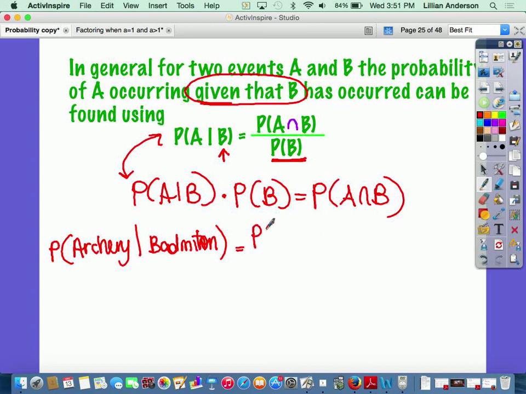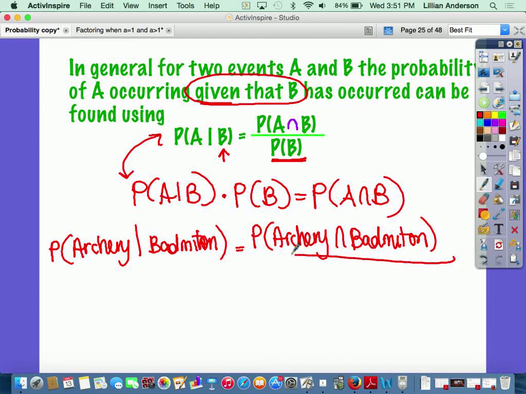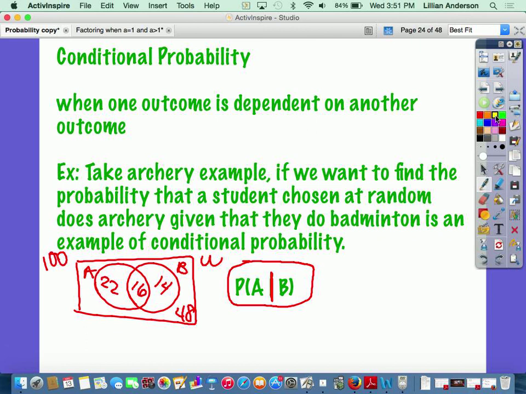So you're going to basically look for the probability of the intersection, the kids who play archery and badminton. And you're going to divide it by the probability of the kids who did play badminton. Okay? So you go and you look at your Venn diagram. You're looking for the intersection of archery and badminton. Well, that was right in here. That was the 16.